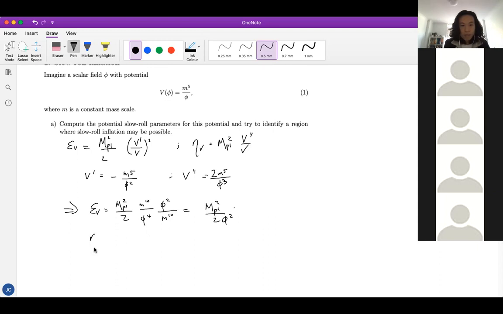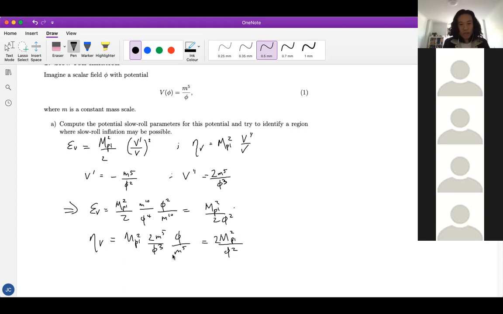Similarly for eta V, do the same substitution with V double dash over V, and you end up with 2 M_Pl squared on phi squared. Pretty much the same, except slightly different constants.